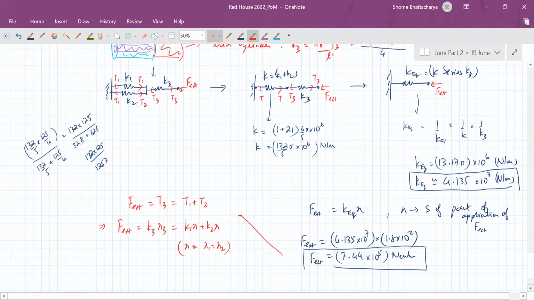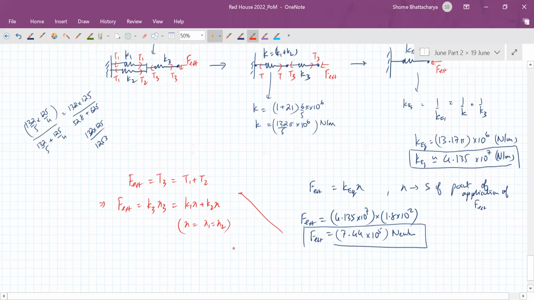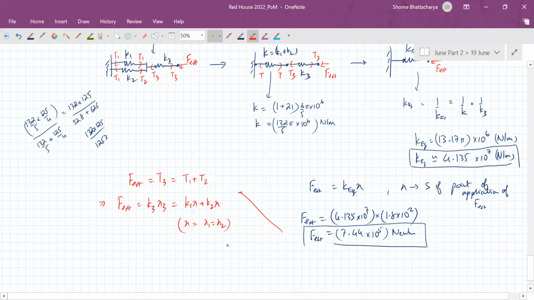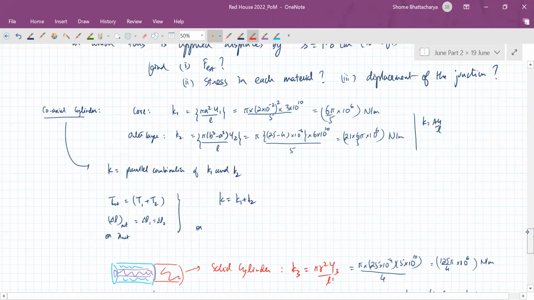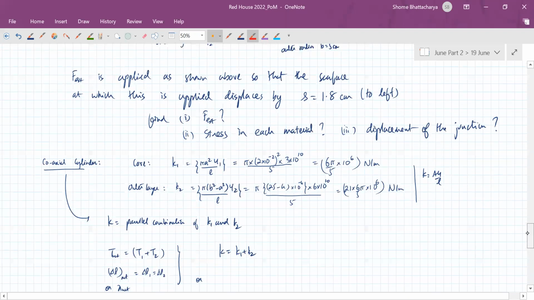So T1 is to T2 will be equal to K1 is to K2, which you can see will be what is the ratio of K1 and K2? It is 1:21.